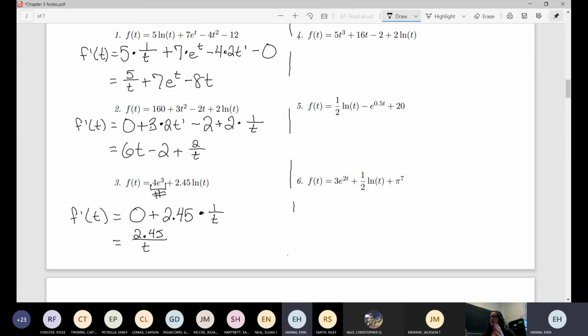For some reason, I feel like a lot of people get into a feeling that they need to solve everything, even if there's nothing to solve. This happened on the first exam with my composition questions. The thing we're finding here is just the derivative. So we're not solving for a variable. We're not finding a value or anything like that. We're just taking a derivative, finding the derivative and calling it a day.